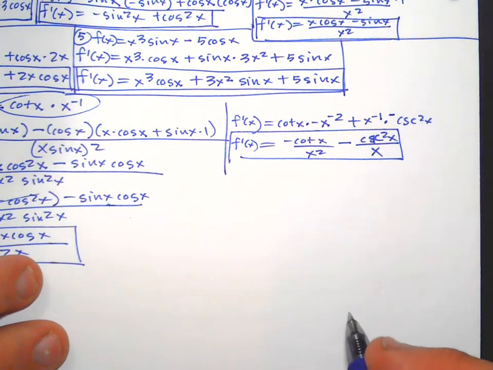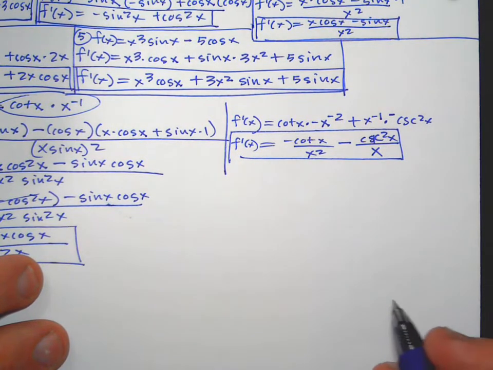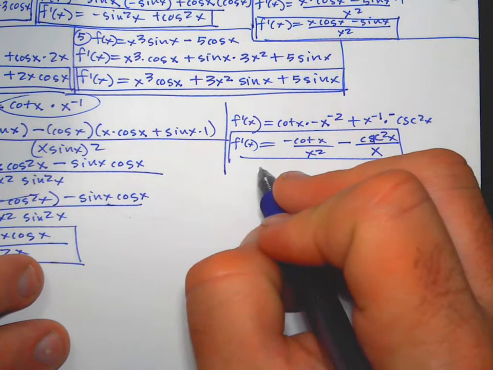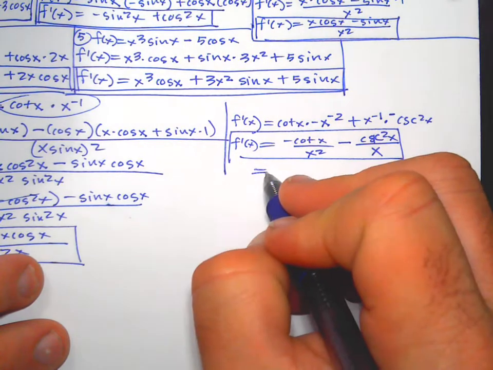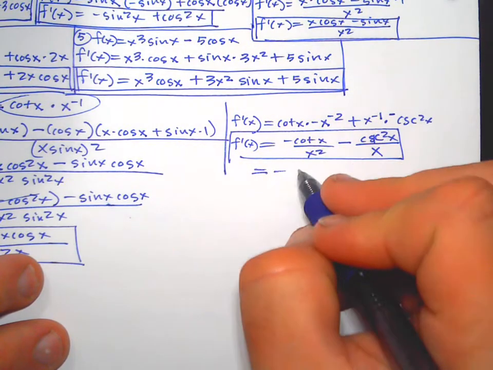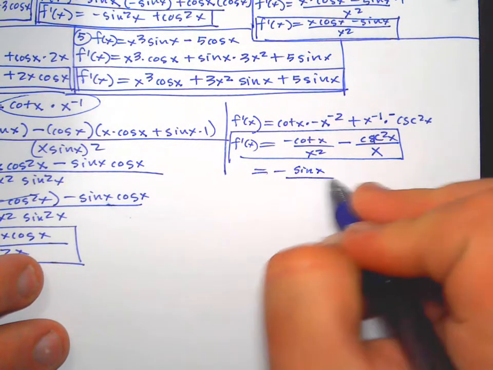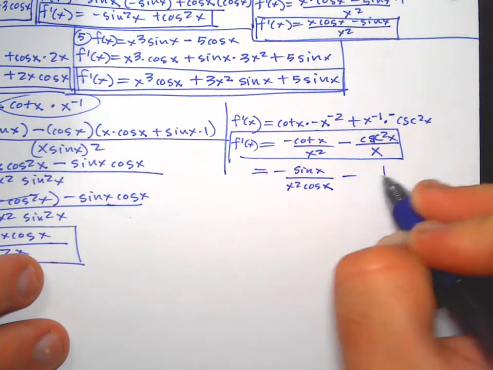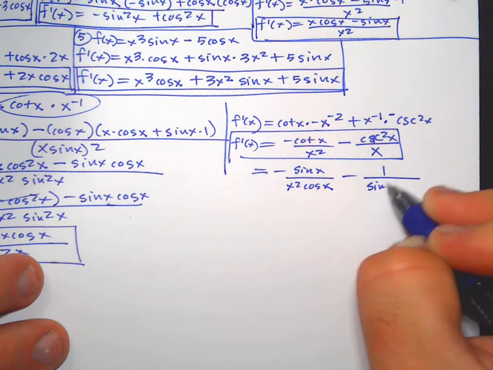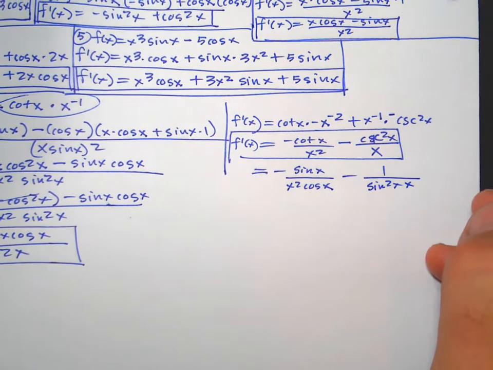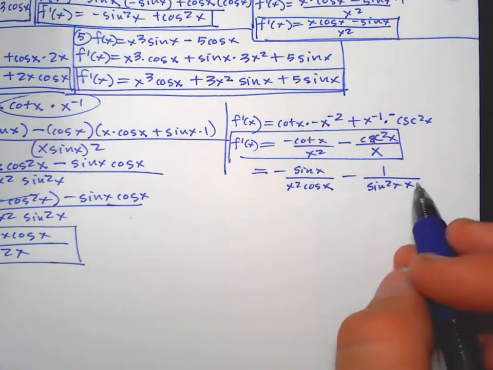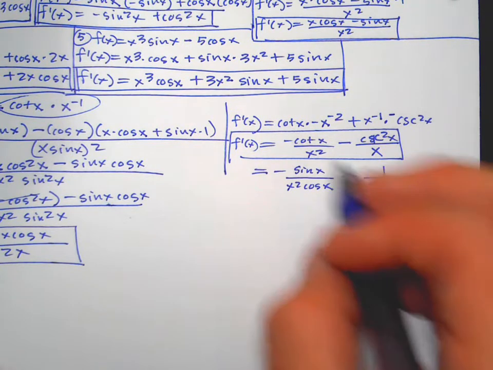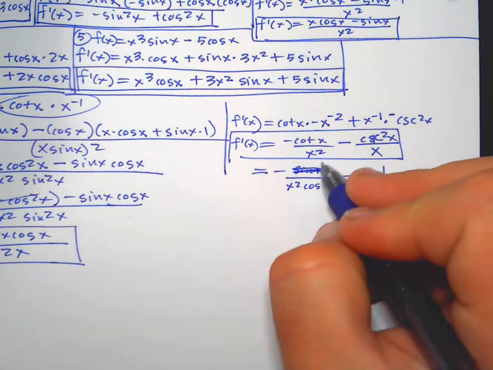We could try and get that to look like the other answer, which would involve changing this to sine over cosine, and this to 1 over sine squared. And then you're going to give these a least common denominator. Actually, cotangent should be cosine over sine.